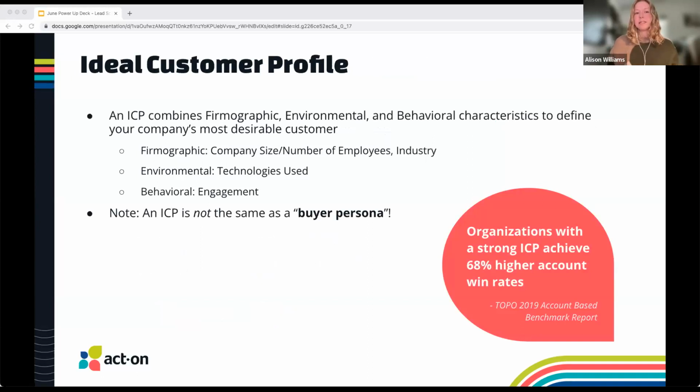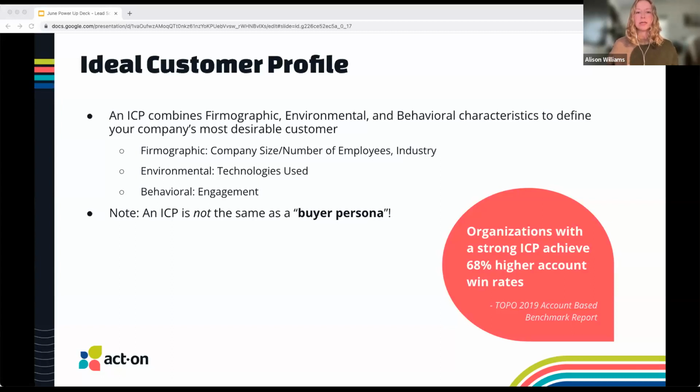So what is an ICP? An ICP, ideal customer profile, combines firmographic, environmental, and behavioral characteristics to define your company's most desirable customer. Firmographic characteristics would be things like company size, number of employees, industry.